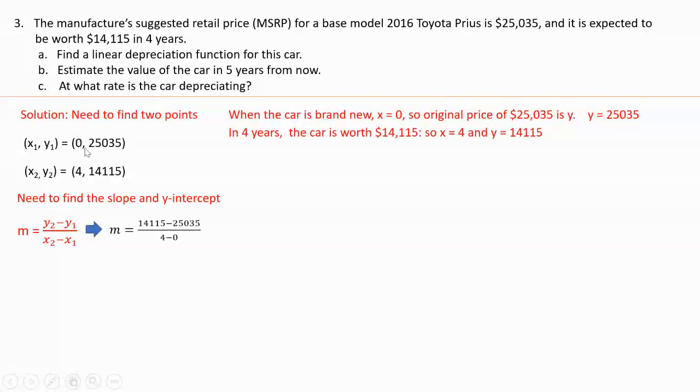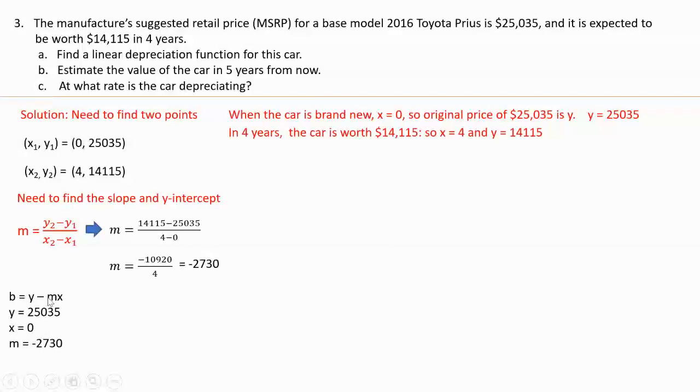Since this is point 1, it's going to be y sub 2, which is 14,115, minus y sub 1, which is 25,035, over x sub 2, which is 4, minus x sub 1, which is 0. This will give us negative 10,920 over 4, which will be negative $2,730. So every year, the car is going down by $2,730. So this is my slope.